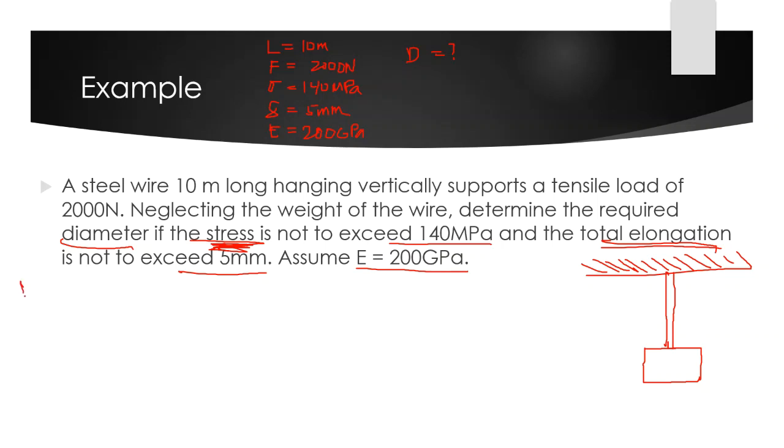So first, let's solve for the stress. We have F over A. We have values for F and we have values for the stress, so we can just interchange that. We have F over A, in which our F is 2,000 and our area is the area of the wire, so that's pi over 4 d squared, where d is unknown.